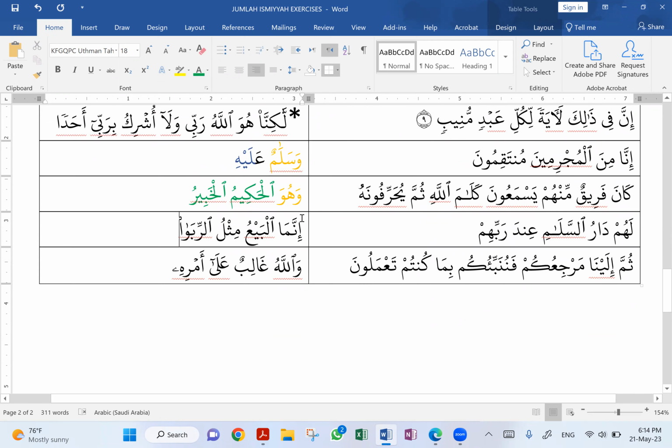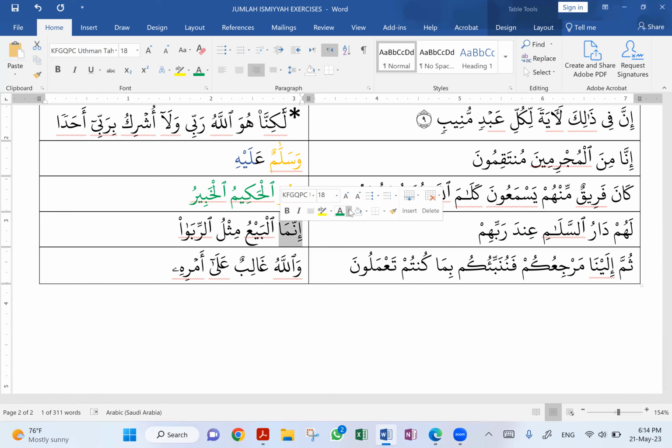Better to be safe. إنما البيع مثل الربا. What do you guys think? What's the mubtada? What's the khabar? Innama is mubtada. Harf nasab plus ism mawsul. Sister.